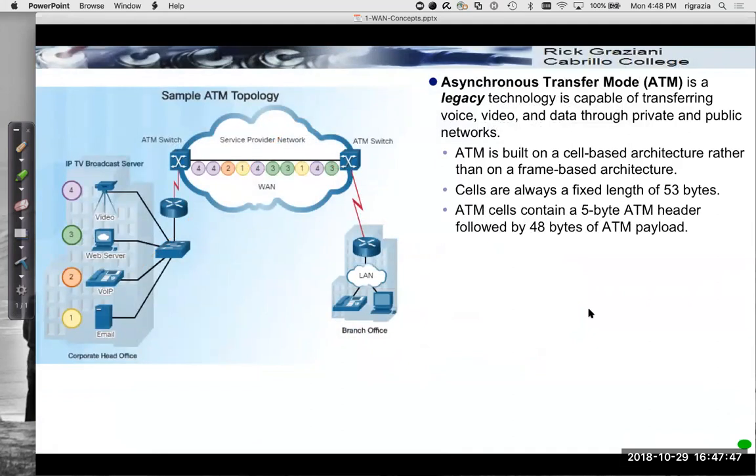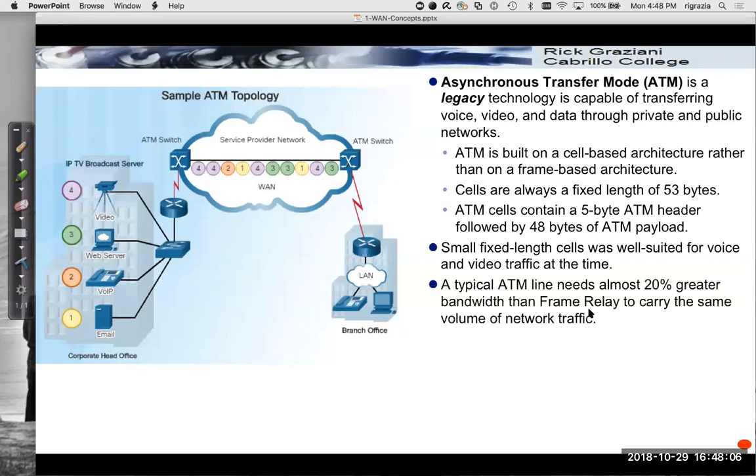But actually, it was good for some things. ATM cells contained a 5-byte ATM header followed by 48 bytes of the actual data, the payload. They were well suited for voice and video at the time, but there are better solutions today. They required a lot more overhead because you had so many cells that you were sending.